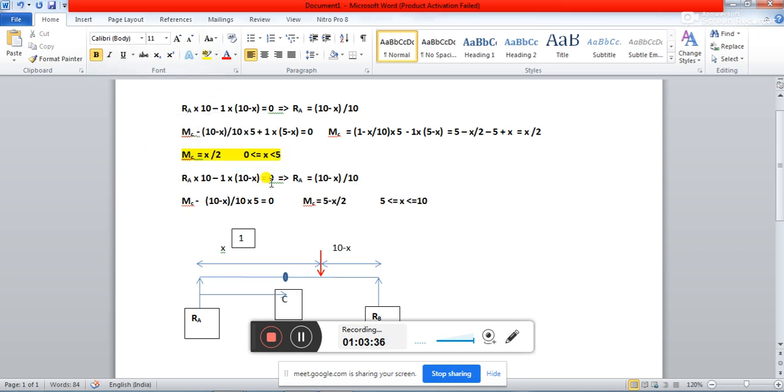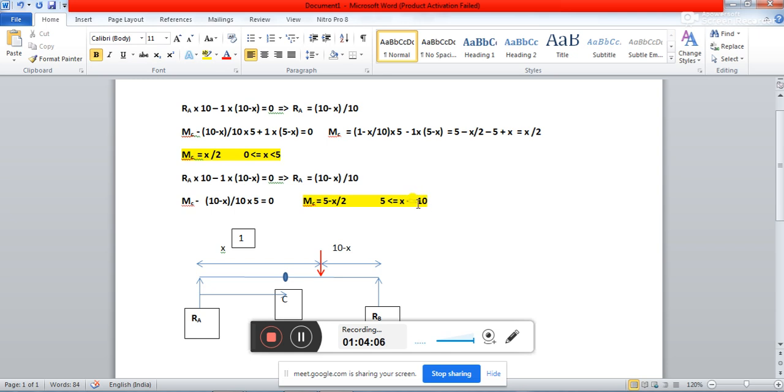One equation is valid up to 5 meter length, that means from here to just left of this 5, and the other equation is valid beyond this 5 meter length, up to this 10 meter length.